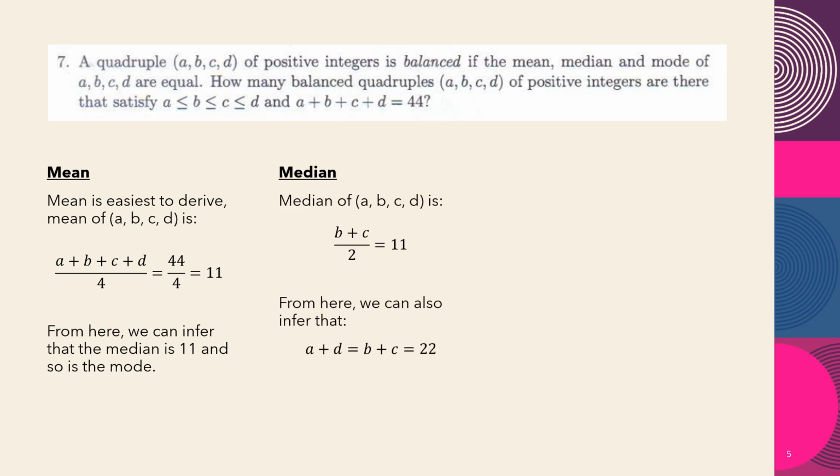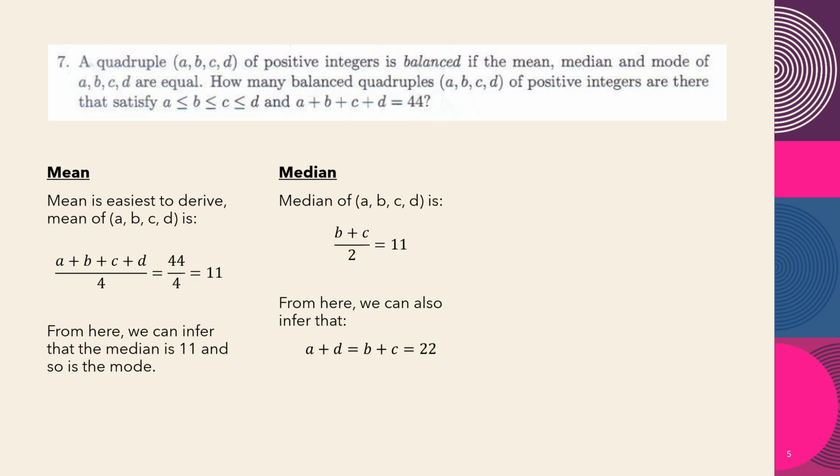Now let's look at median. For a set with an even number of elements, you look at the middle two elements and take the mean of that. In this case, because A, B, C, D are arranged in order from lowest to largest, we can infer that B and C are the middle two.